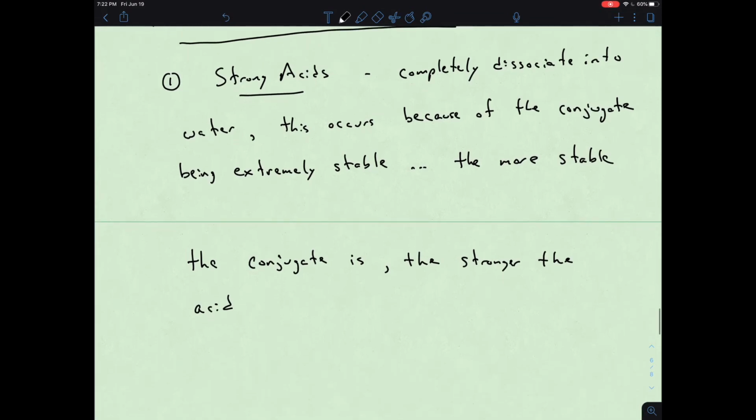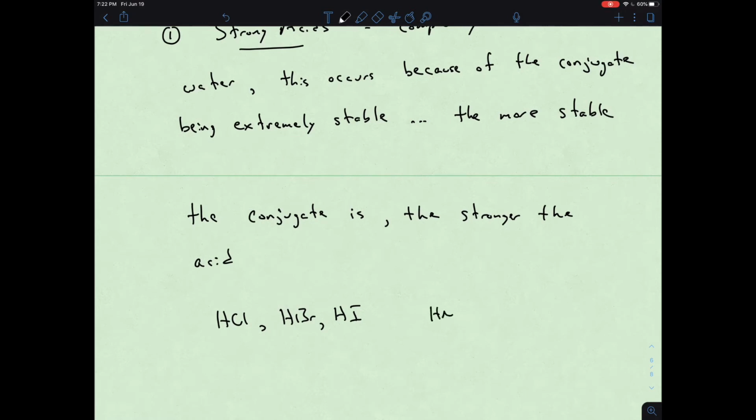Some examples would be hydrochloric acid, hydrobromic acid, and hydroiodic acid, these binary acids. We also have oxyacids, such as nitric acid, sulfuric acid, and perchloric acid, which are very strong acids as well.